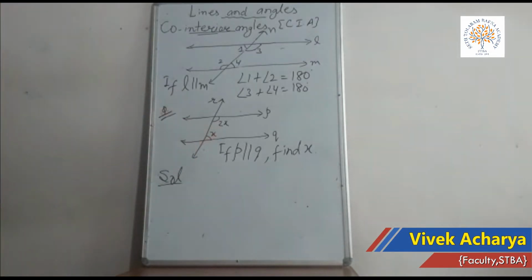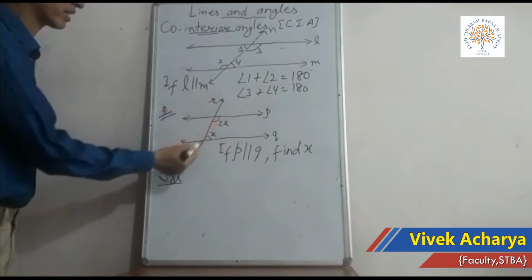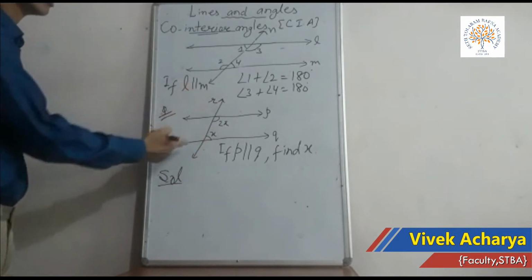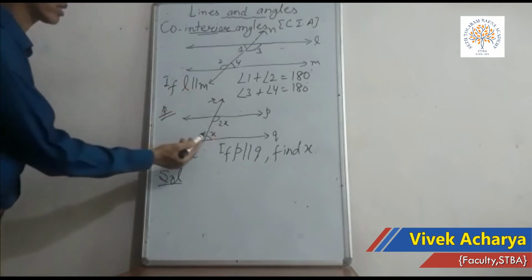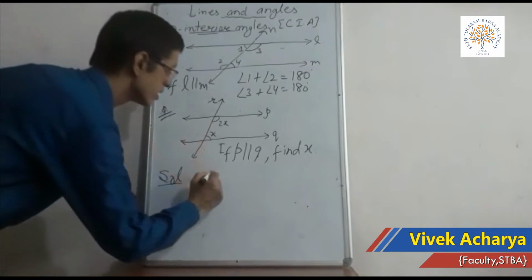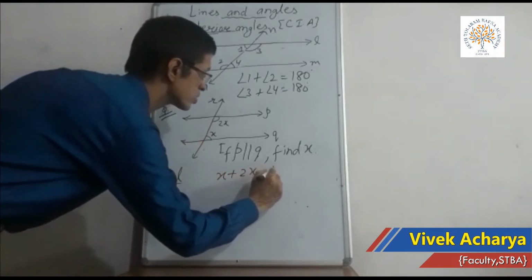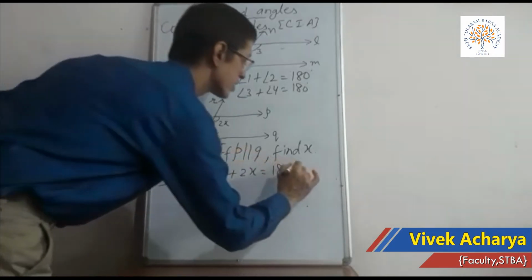Children, as you can see, two parallel lines are intersected by the transversal line R, so we say they are co-interior angles because they are on the same side of the transversal line. So X plus 2X is equal to 180, as co-interior angles are supplementary.